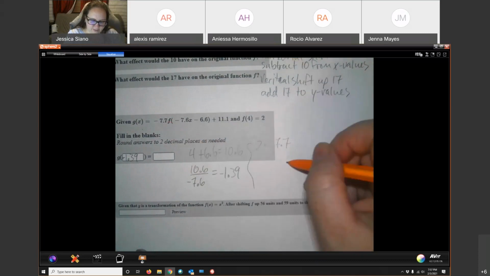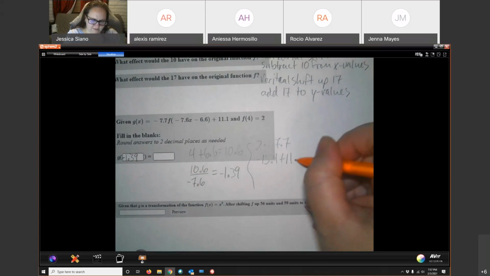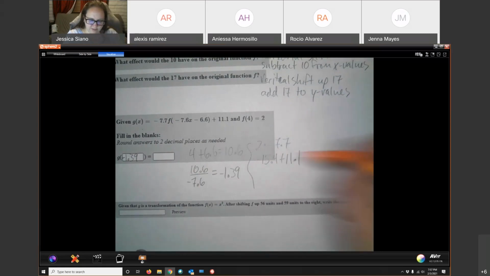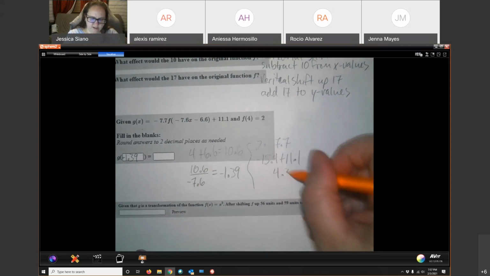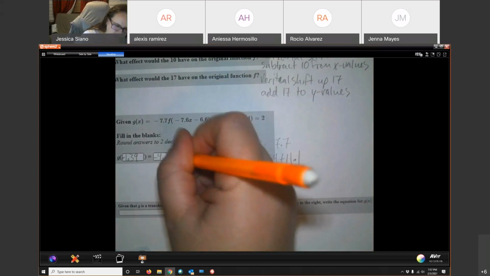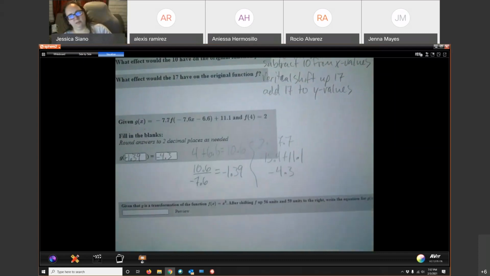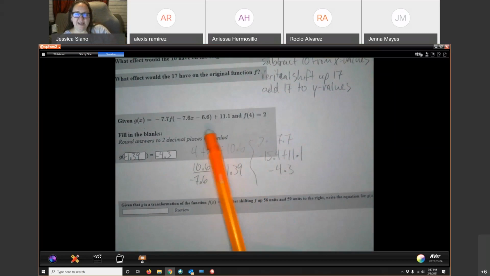Multiply by negative 7.7 and then add 11.1. 15 minus 11 is 4.3. And so on the outside, you would have a negative 4.3. Okay. So again, for the inside, you take the number they give you and do the opposite operations in the opposite order.